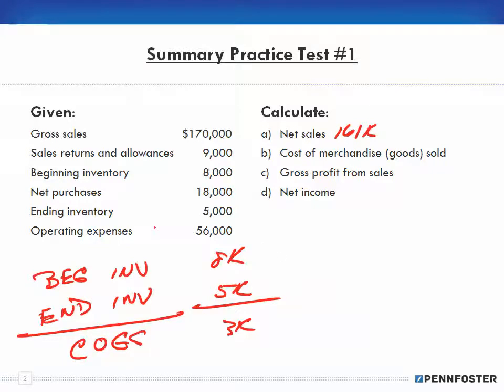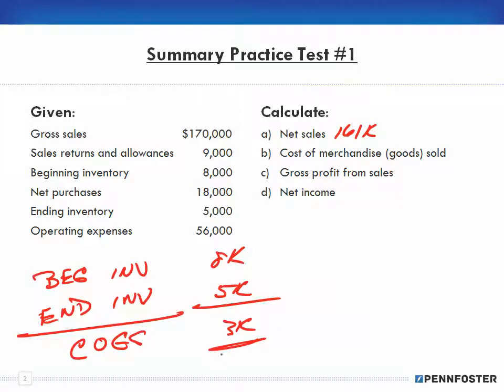I basically sat here and said, okay, I started out with 10 tables at the beginning of the month, and that was my beginning inventory. And I sold one table, and so at the end of the month I had 9 tables. That means I had one table that went over to cost of goods sold, and I plugged in those numbers and I ended up with 3,000.